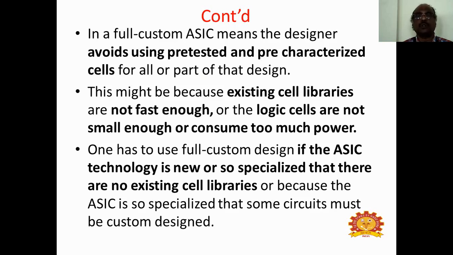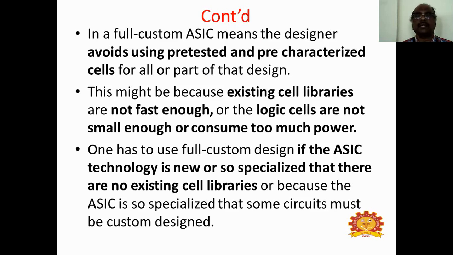One has to use a full custom design if the application specific integrated circuit technology is new or specialized, there are no existing cell libraries, or the ASIC is so specialized that some circuits must be custom designed. For example, take a full custom microprocessor.